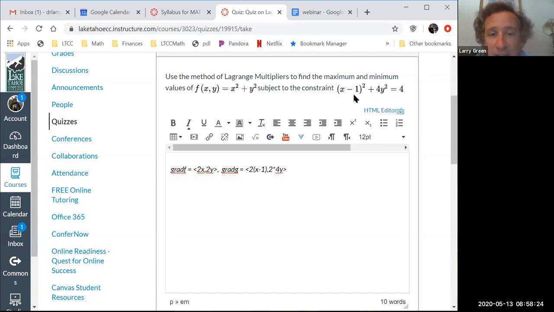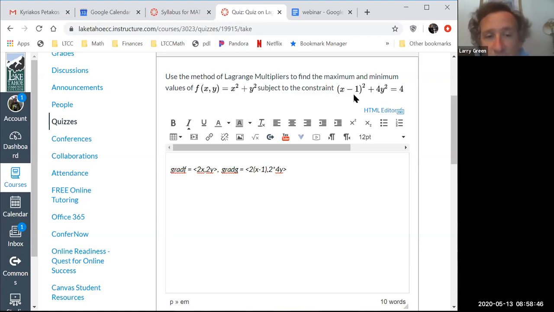Okay, so there's 2 reasons. One, to show that the chain rule happened. And the other is that this way grad f and grad g have something in common. Okay, what do they have in common? Yeah, they both have this multiplied by 2, which is good because we can divide by 2 and it'll simplify things.